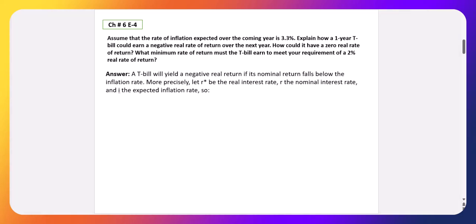A T-bill will yield a negative real rate of return if its nominal return falls below the inflation rate. More precisely, if we let R star be the real interest rate, R the nominal interest rate, and I the expected inflation rate, we can calculate as follows.